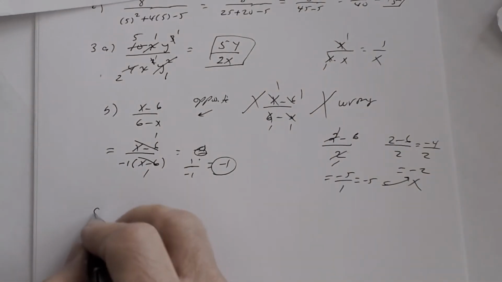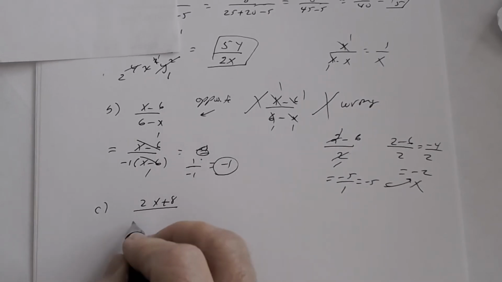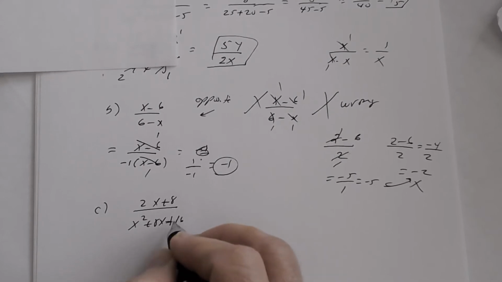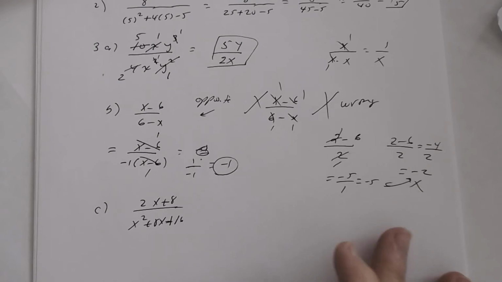Okay, letter C. So in letter C, we have 2x plus 8 divided by x squared plus 8x plus 16. All right, so now we have a polynomial with more than one term.